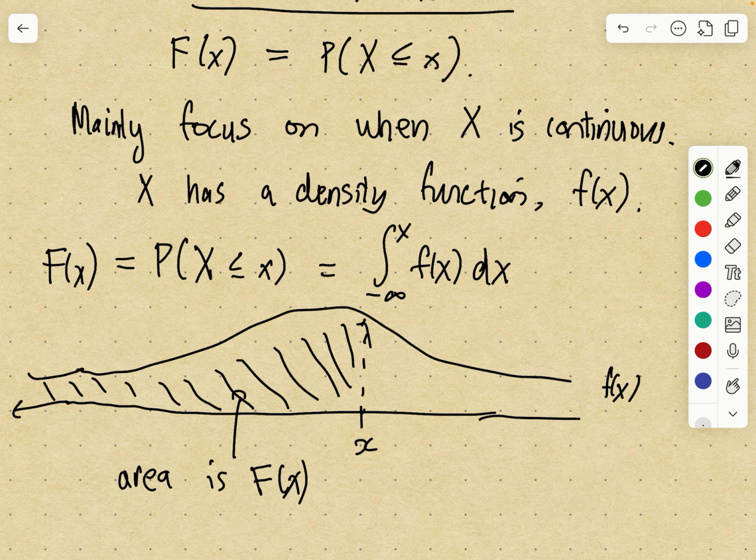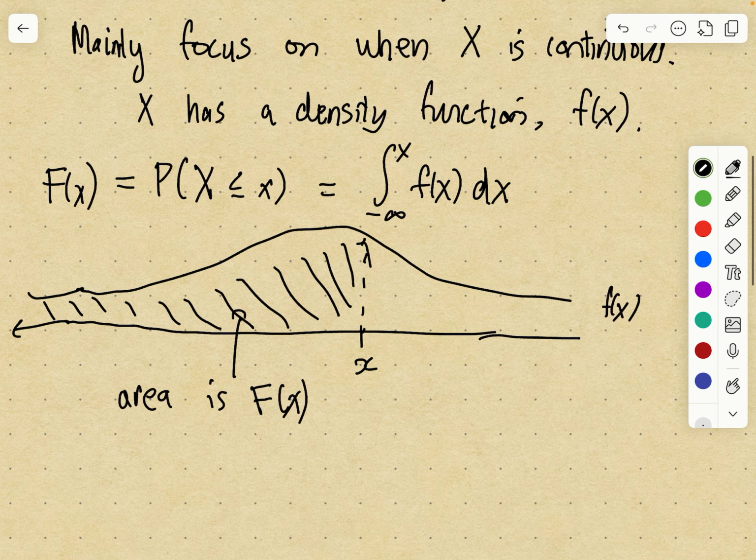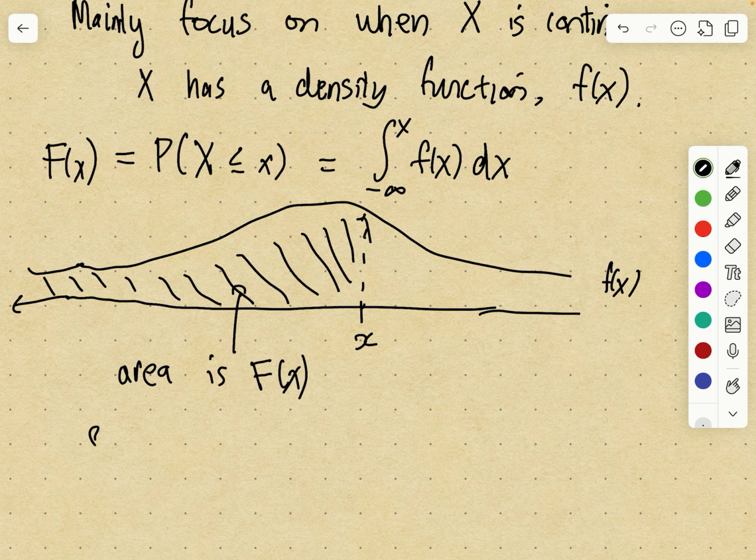And so we see that this distribution function is increasing, right? We can think of it as like an accumulation function. So it's increasing, and when you integrate little f of x from minus infinity to infinity, you get 1.